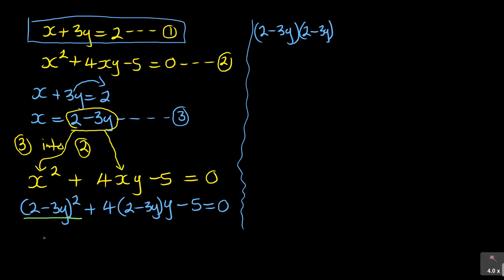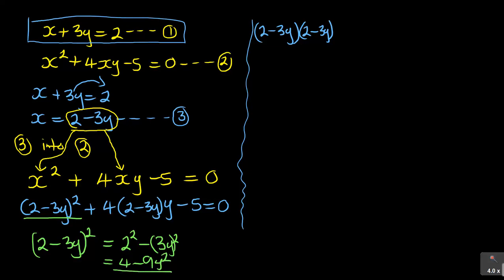They are tempted to say it will be this times that, 2 squared minus 3y squared, so that it becomes 4 minus 9y squared. Now avoid that, because the squared cannot just enter like that.